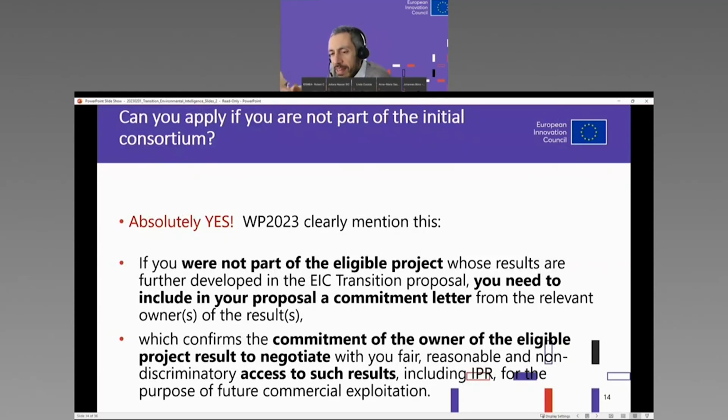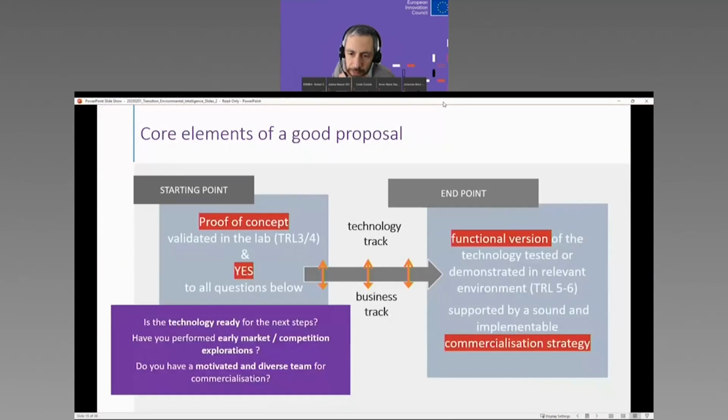So it is not necessary that you were one of the ones that did that job, because it is also sufficient if you get a commitment letter that confirms that the owner of the research result is available to provide it to you in a way that is fair, reasonable, and non-discriminatory concerning the access to the results and the fact that you can use them.